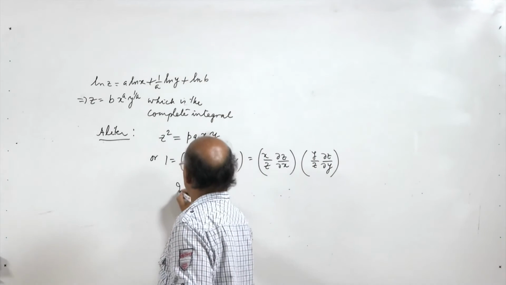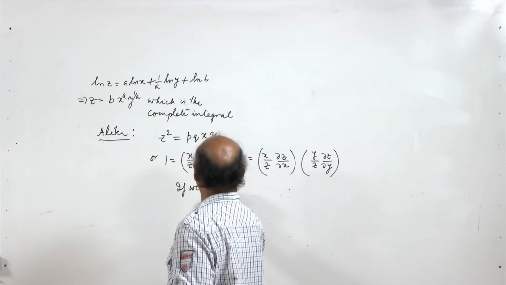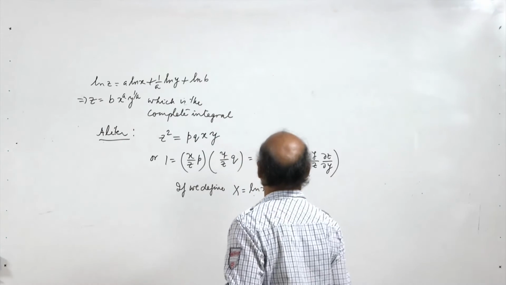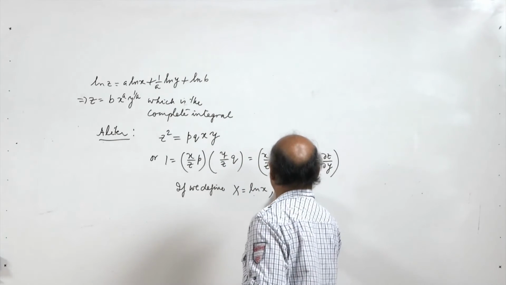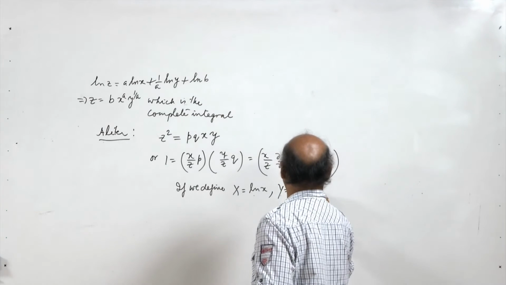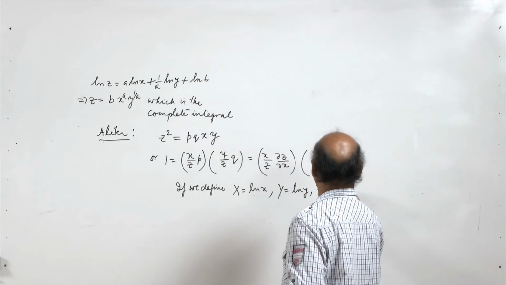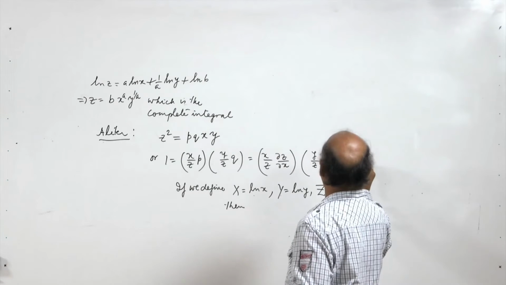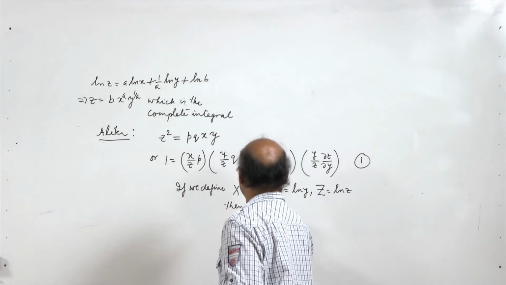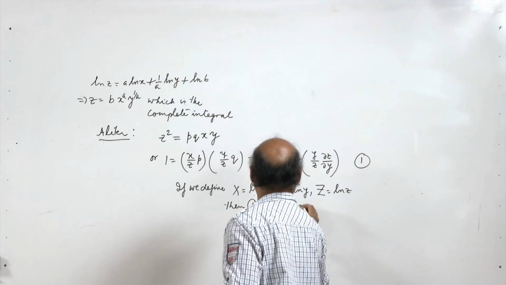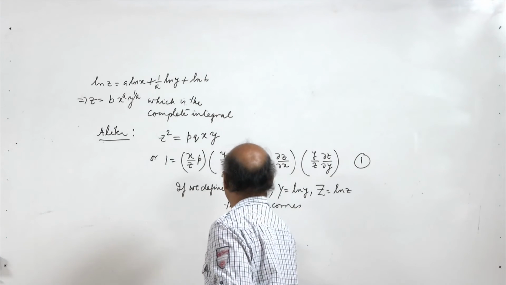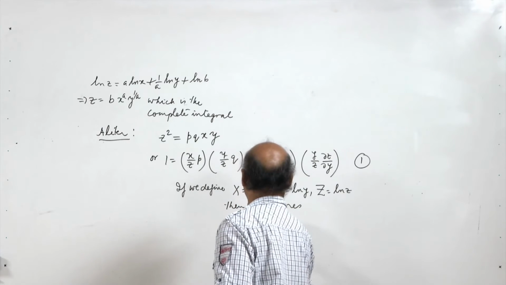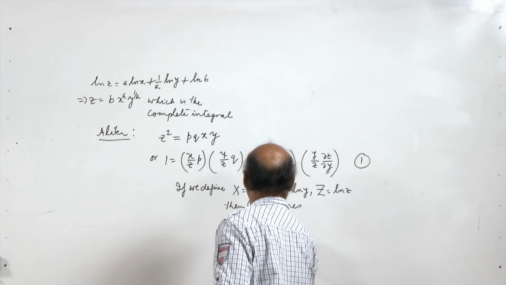So if we define capital X = ln x, capital Y = ln y and capital Z = ln z, then equation 1 becomes 1 = (∂Z/∂X)(∂Z/∂Y).